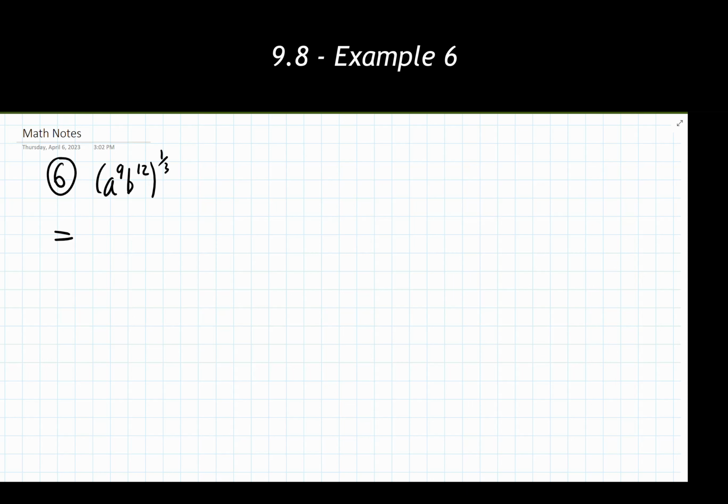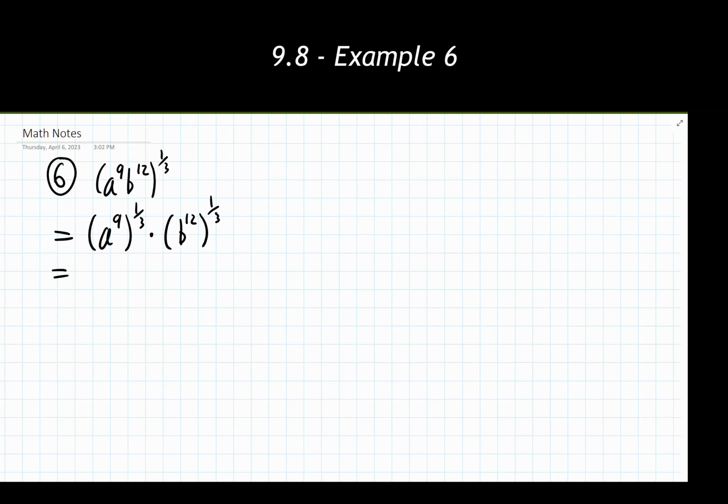Now, if you want to break this down into smaller parts and deal with each of these exponents and what's going to happen with them with regards to this 1/3, you can do that individually. So what that looks like is saying a to the 9th to the 1/3 power times b to the 12th to the 1/3 power.